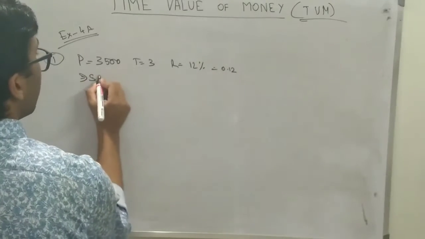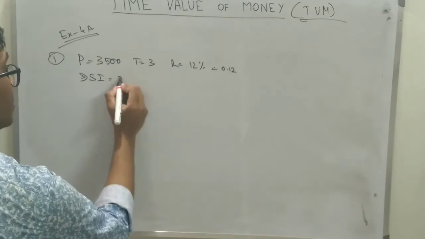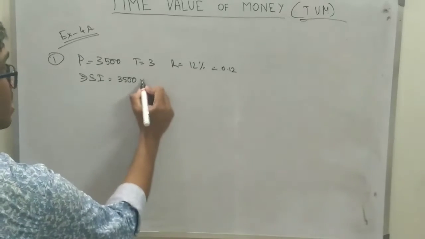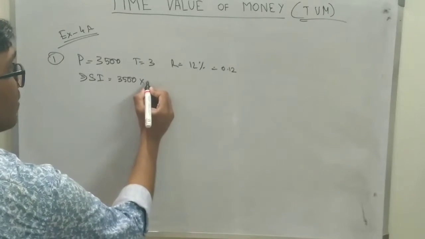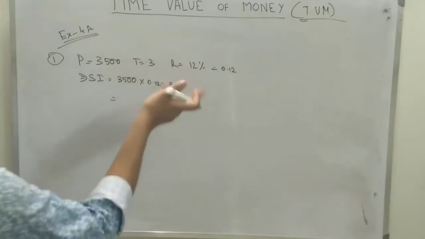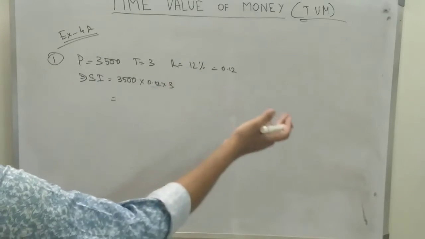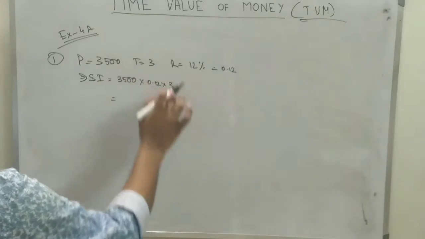So the formula for simple interest calculation is PRT, that means 3500 into 0.12 into 3. You can write it like that, 3500 into 3 into 0.12, that doesn't matter, but as this is the first time, I am doing it as per the formula.